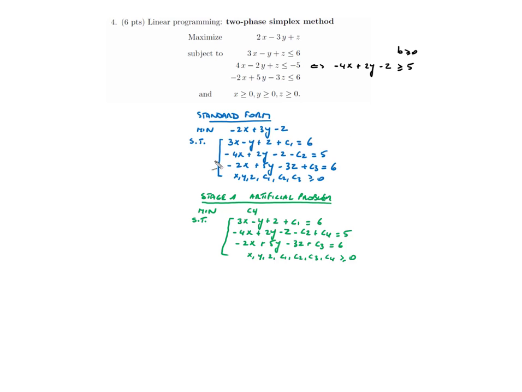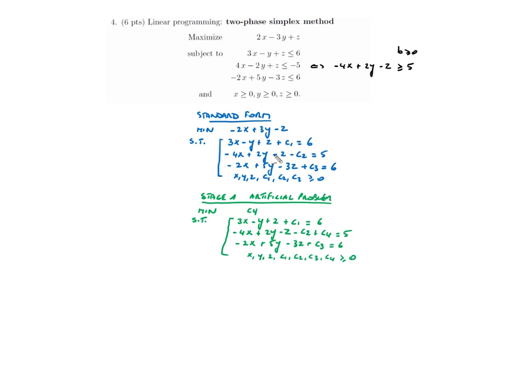This is the standard form where x, y, z, C1, C2, C3 are positive or 0. It will be impossible to find here an initial feasible solution by just looking at this system. We can use C1 and C3 as pivot variables, right? Basic variables, because they appear only once in one equation, and well, the coefficient is positive.